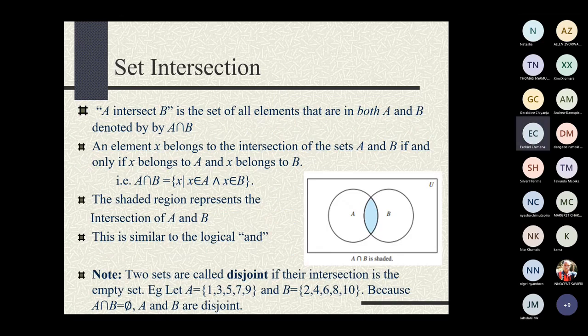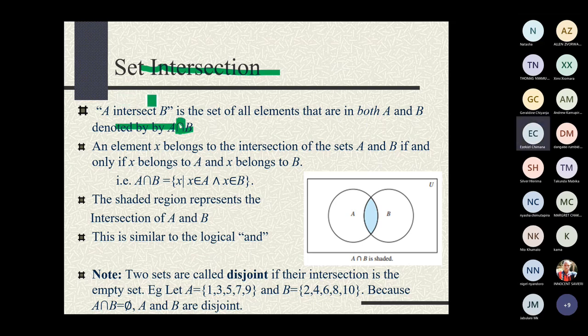Let's talk about the set intersection. There's what we call an intersection. So A intersect B is the set of all elements that are in both A and B, which is denoted by this symbol.